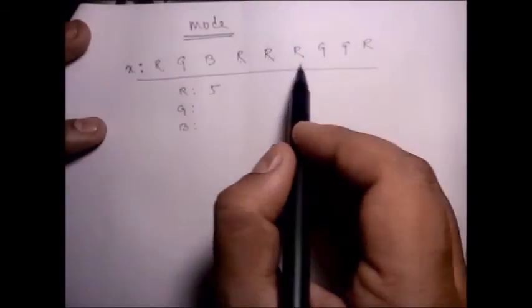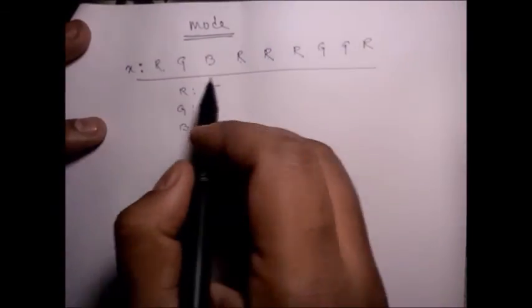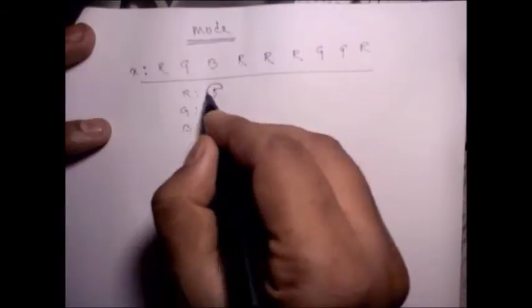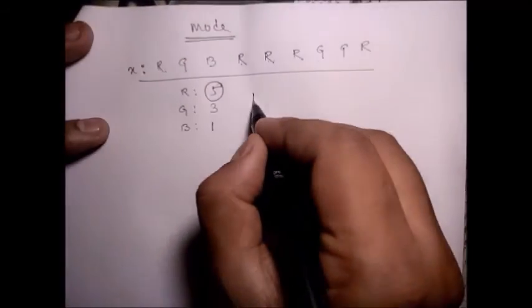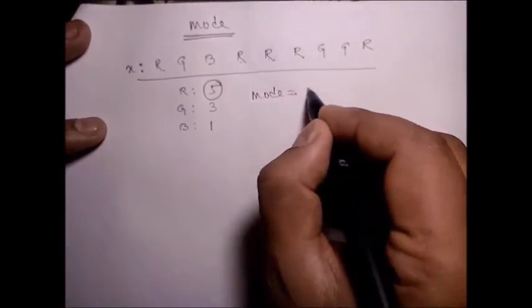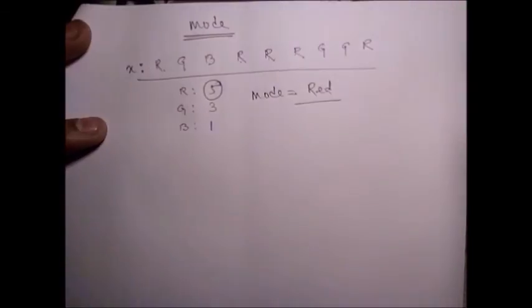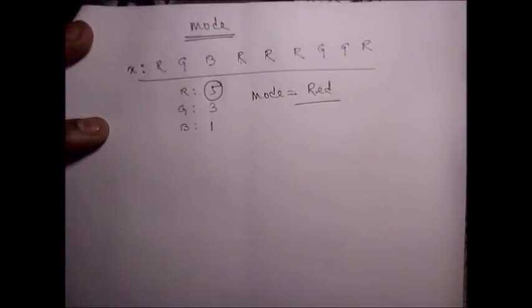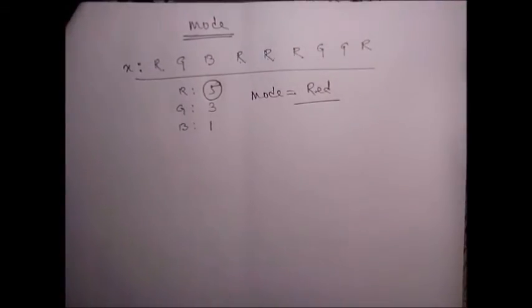How many greens? 1, 2, 3. How many blues? Single. So the maximum frequency is 5, so the mode is red. That means if qualitative data are there, you can easily use the mode.